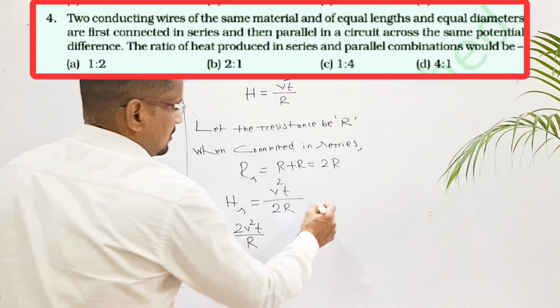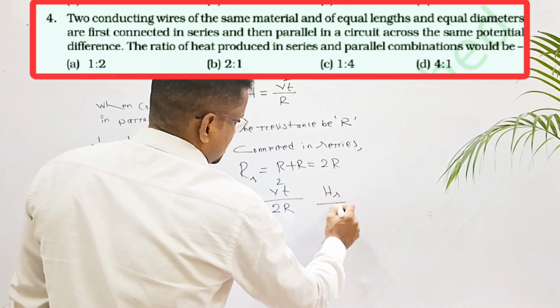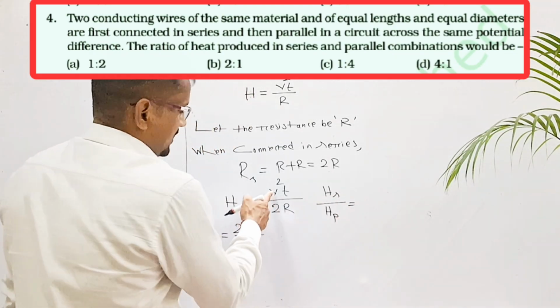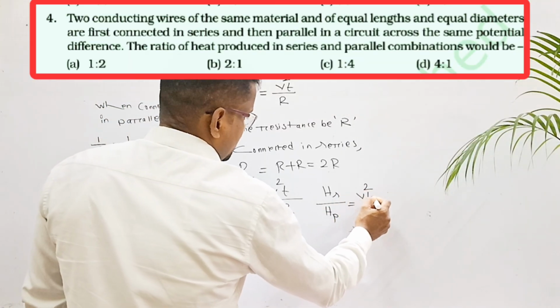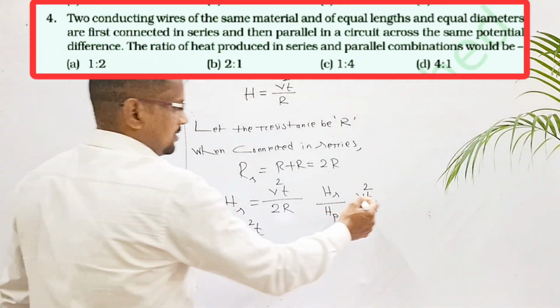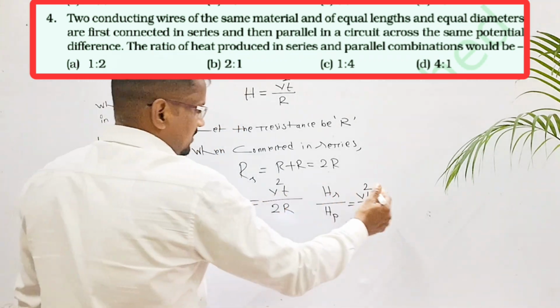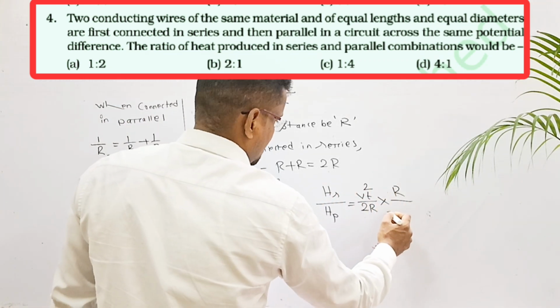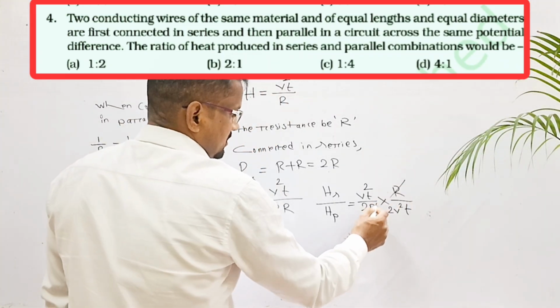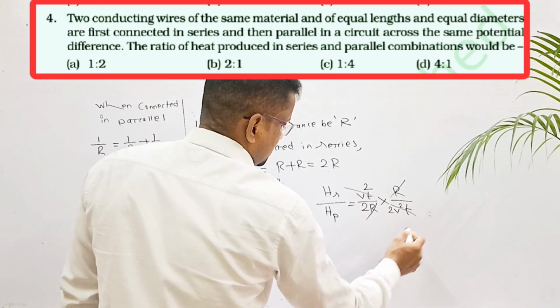So now you have to find out Hs divided by Hp equal to. Write down this at first, V square T by 2R, and just reverse it. Give multiplication, reverse it. That will be R by 2V square T. Now see R cancels out, V square T cancels out.